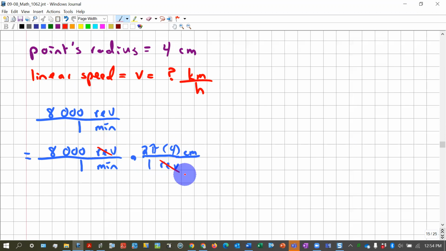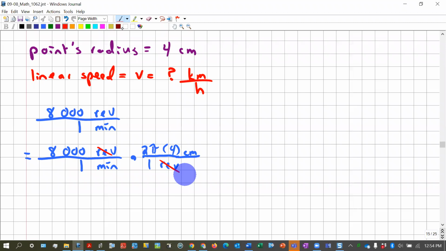Those are the two hardest things: what do I start with? And when I am converting one revolution, am I going to use 360 degrees, 2 pi radians, or 2 times pi times the radius's length?